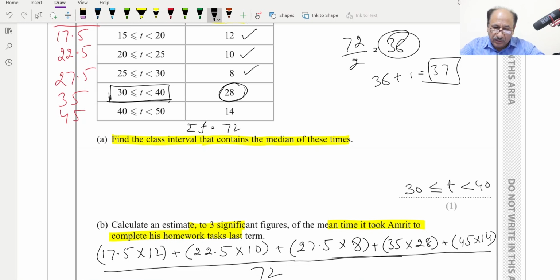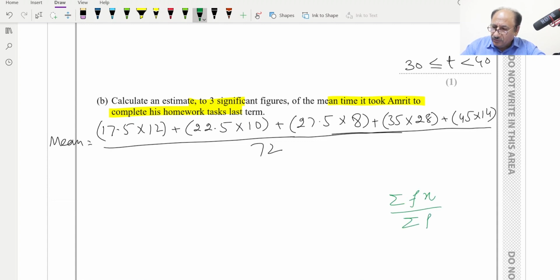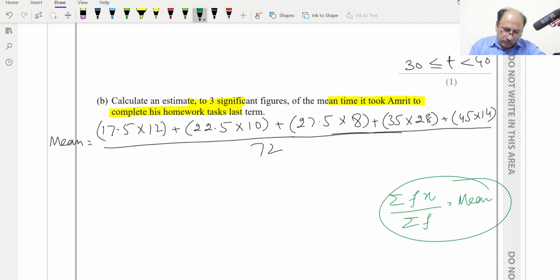This is basically the mean which we are estimating. The formula is mean equals sigma fx over sigma f.